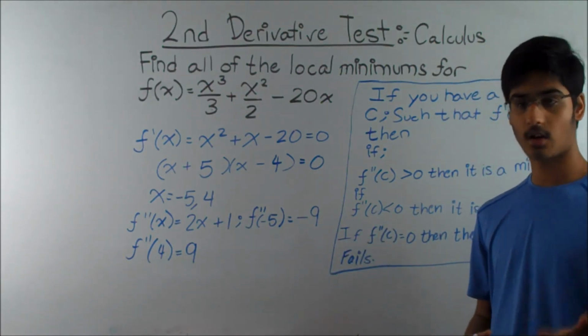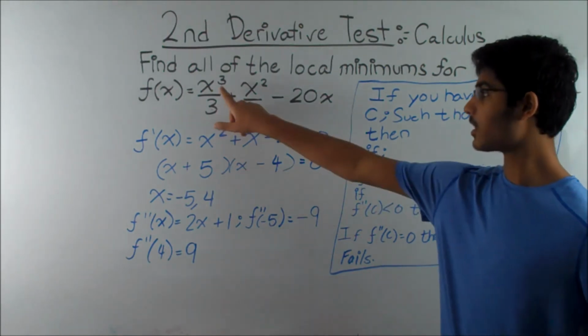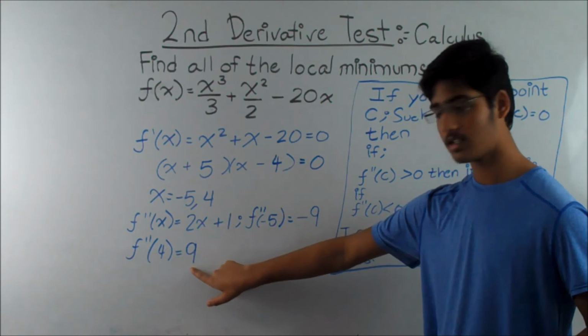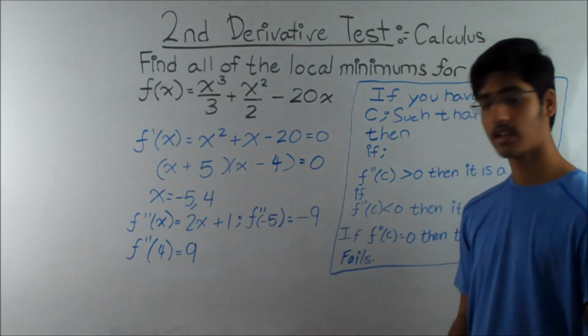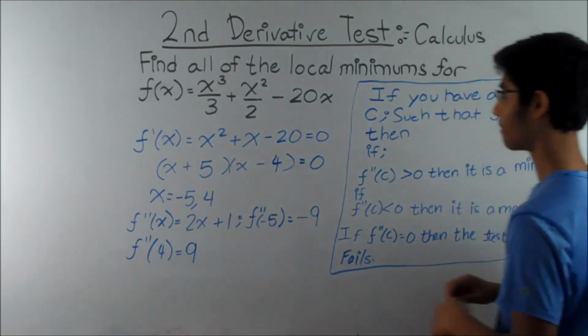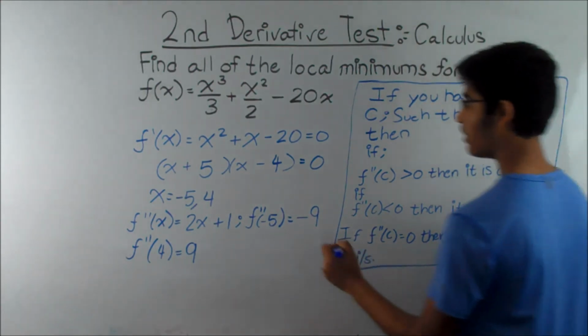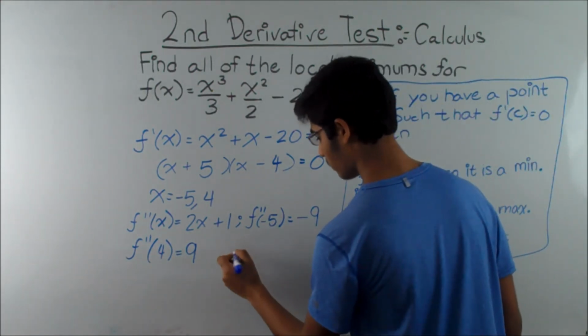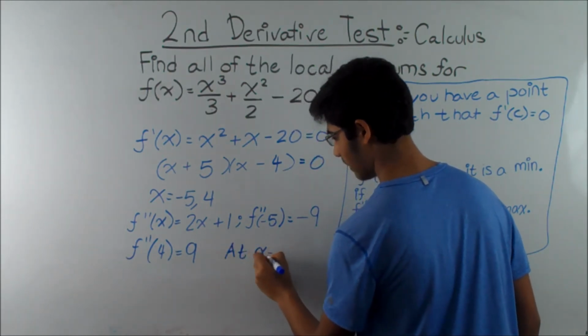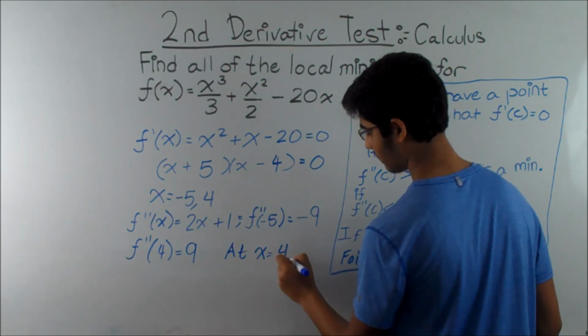So that makes it a local minimum. And because this is a cubic function, and because there are only two values, and only one of them is greater than 0, there's only one minimum. So the answer to this problem would have to be at x is equal to 4.